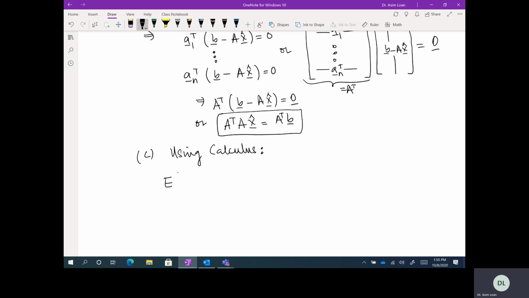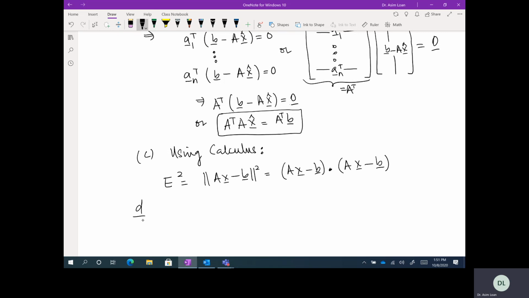So E square is actually the norm of AX minus B squared, which is equal to AX minus B dot AX minus B. Okay.